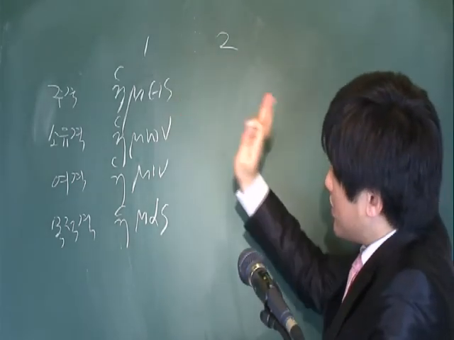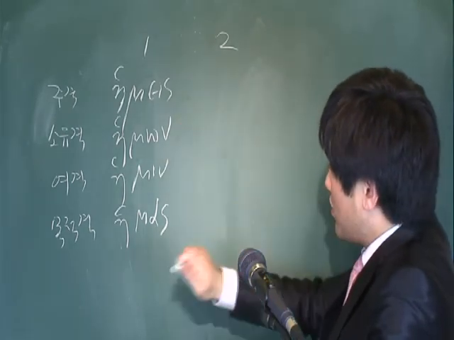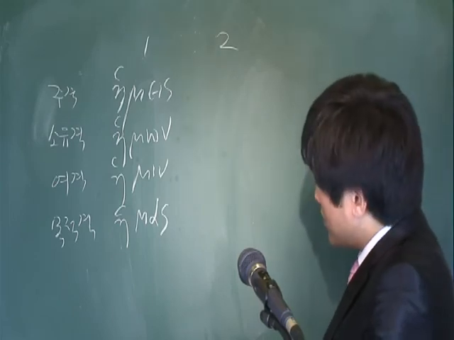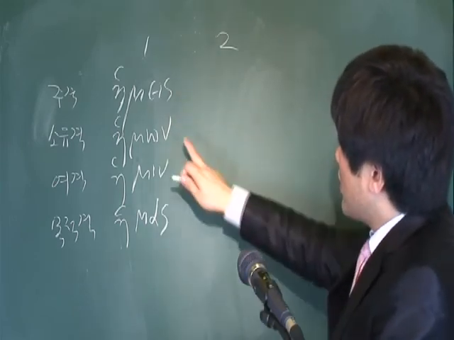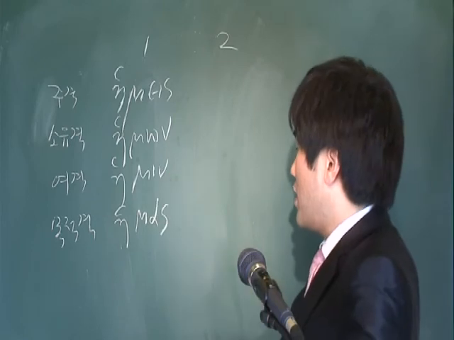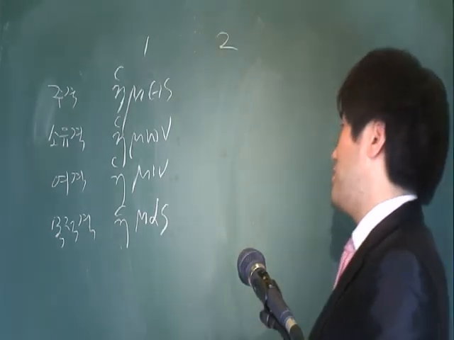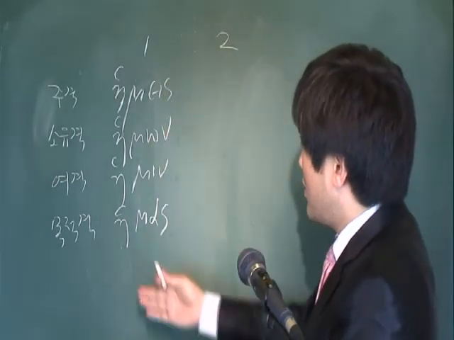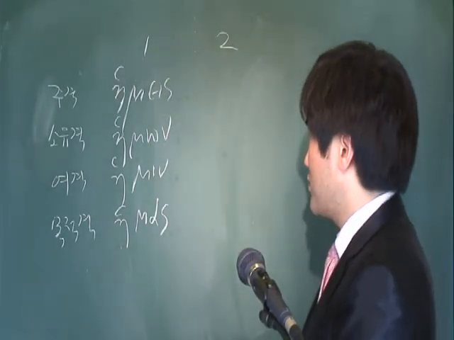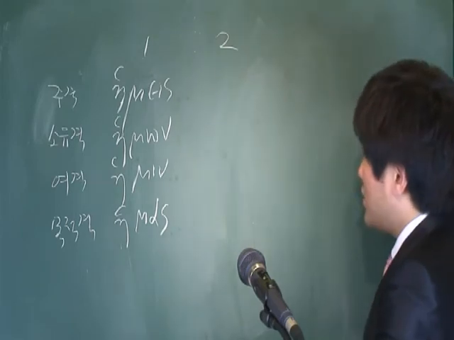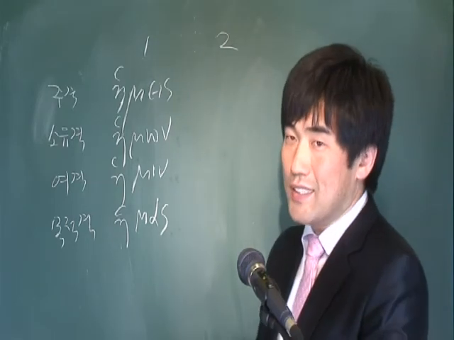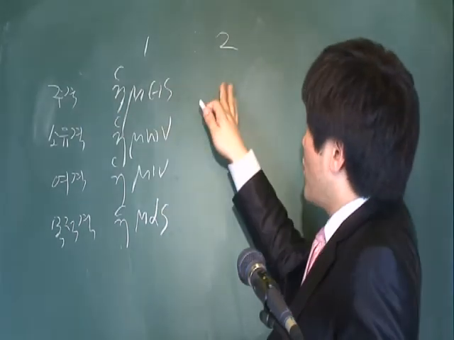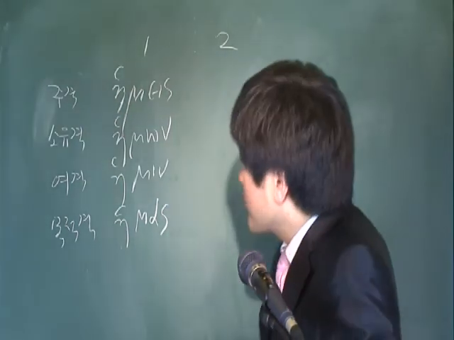First, the definite article. Let's look at an example. Ho aner. Ho is a definite article. Aner is a man, and ho aner is the man. Then there is another form, autos ho aner.